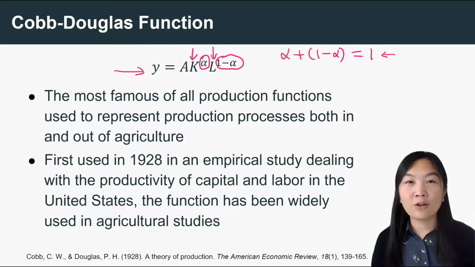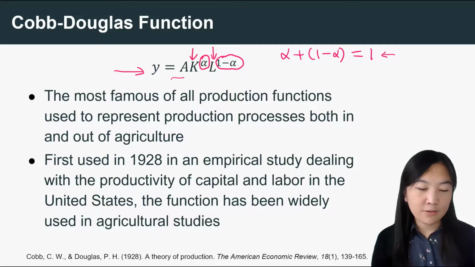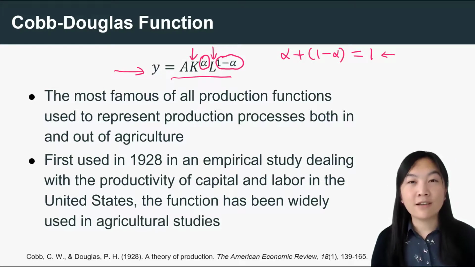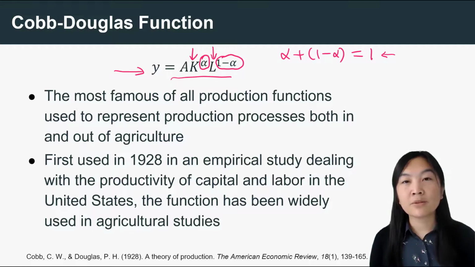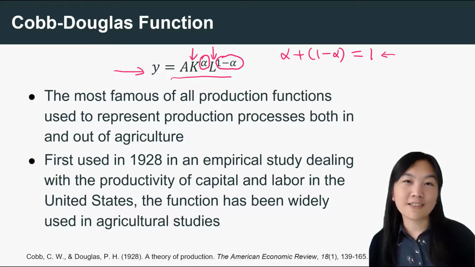Once your production function is written this way, you have a constant return to scale production function. What that means is that if your capital and your labor are increased proportionally, or to be more specific, if they are both doubled, then your output will be doubled as well. So that's really a nice property of the Cobb-Douglas function.